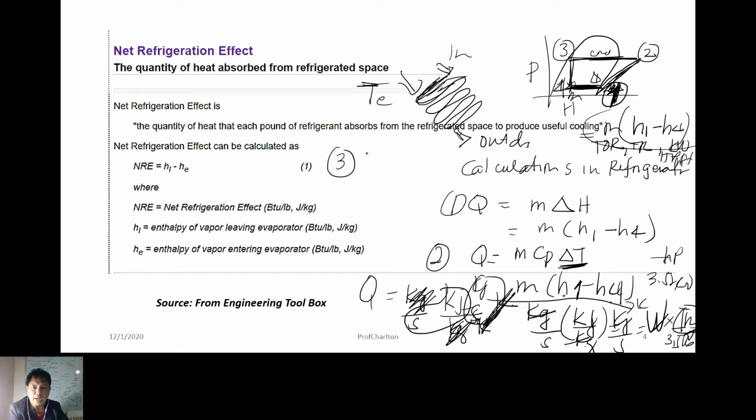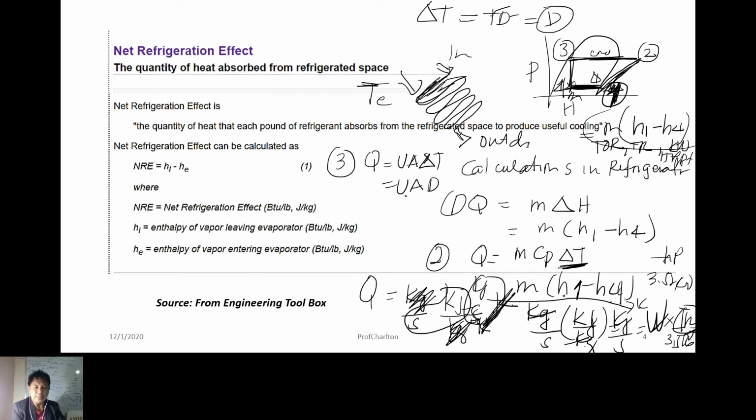Ang formula class ay Q equals UA delta T, or UAD. Marami kasi ibig sabihin ko, no? Temperature difference, delta T, or just D, difference, no? So, ang mangyari dyan, UAD. Ibig sabihin, ito yung unit natin, no?